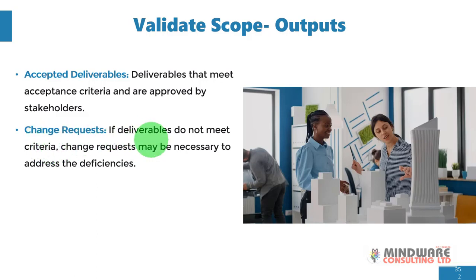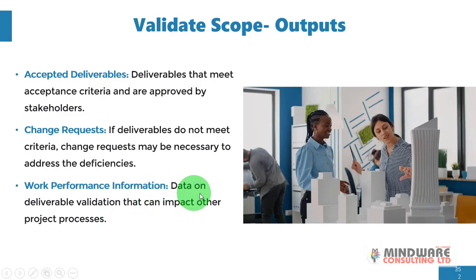And then change requests. If deliverables do not meet criteria, change requests may be necessary to address the deficiency. So when you have deliverables that don't meet the acceptance criteria, then a change request becomes very critical.